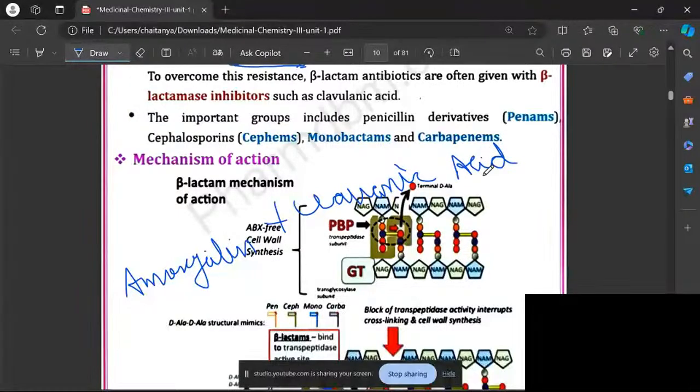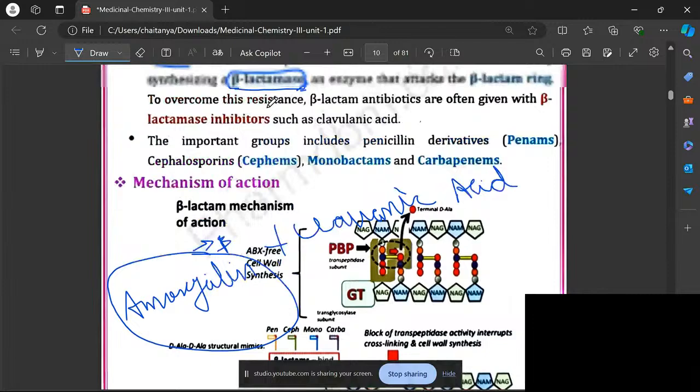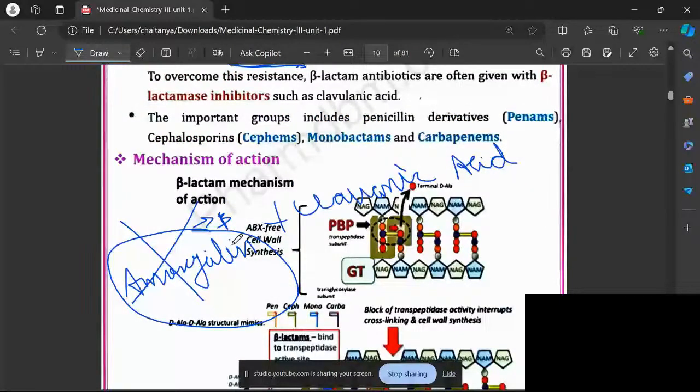If you observe this amoxicillin plus clavulanic acid, amoxicillin is a beta lactam antibiotic. Obviously, it goes to the infected person to kill the bacteria. But the bacteria which has resistance reduces the power of amoxicillin, so it is not killing the bacteria.